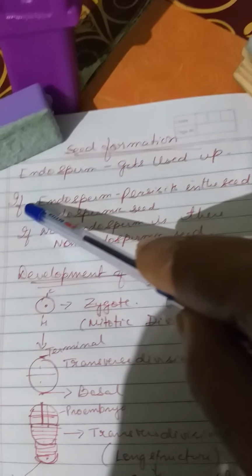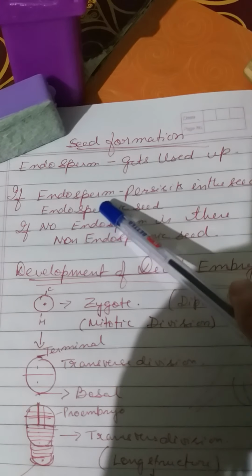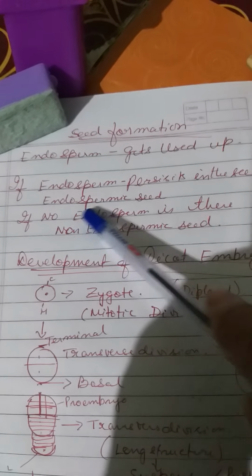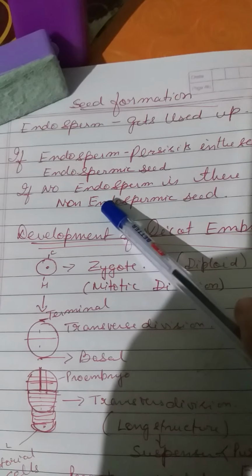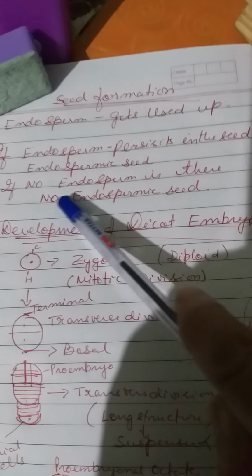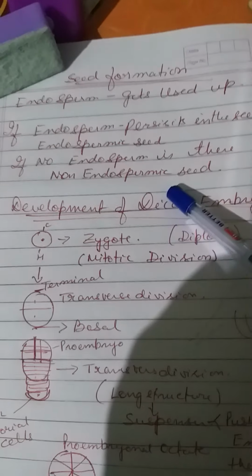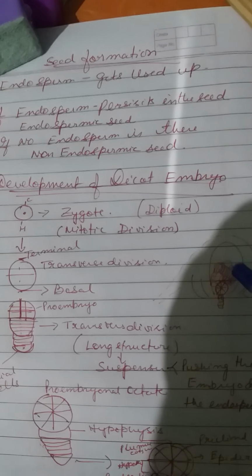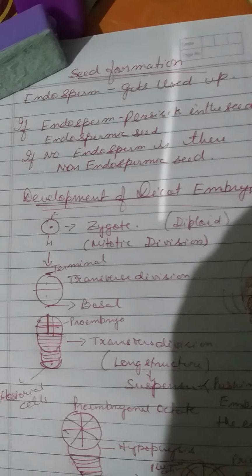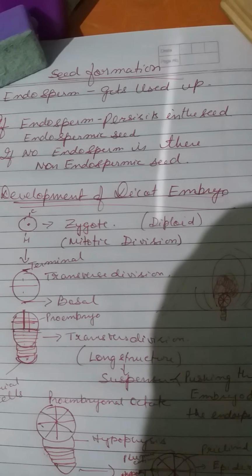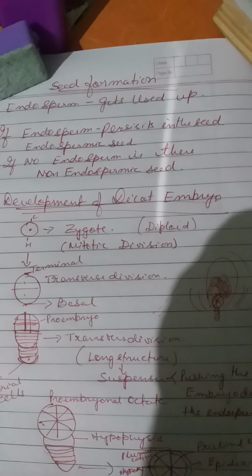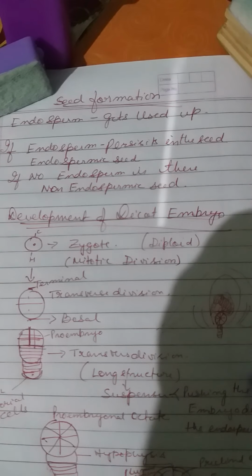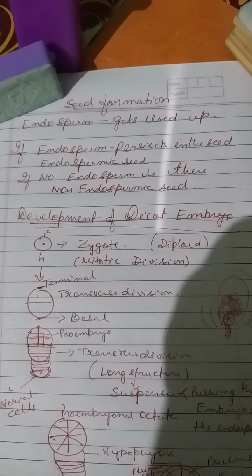If the endosperm persists in the seed, it is known as an endospermic seed, and if no endosperm is there, we call it a non-endospermic seed. Now I'll show you a diagram of the development of a dicot embryo. Apart from this video, I'll again give you a diagram of the development of the embryo, which you can see later.